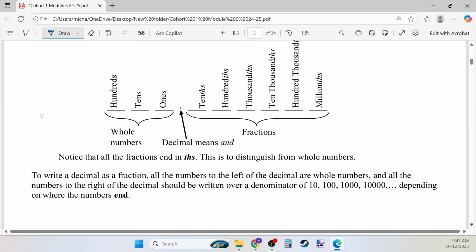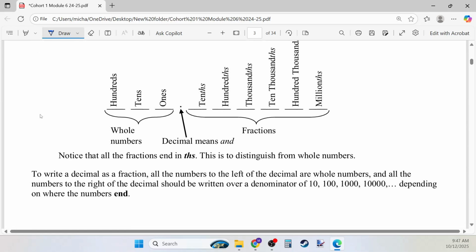Okay, so here are the names of the different places. The ones place goes to the left of the dot. This represents the first pieces we break the units into. So if we break into 10 equal pieces, they are tenths. We break those into 10 pieces, we get hundredths, because it takes 100 of them to add up to 1 unit.